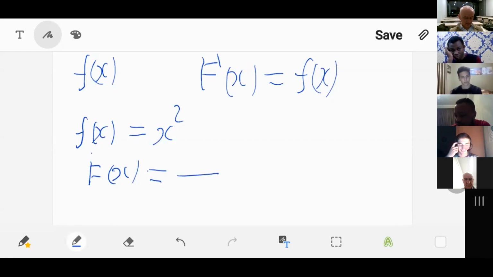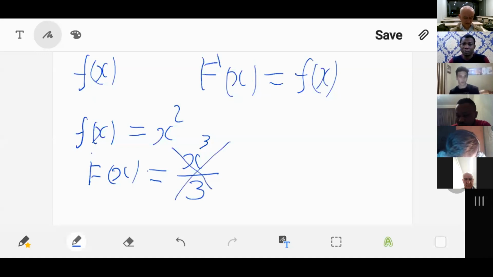So Luca's hypothesis is that it's x cubed over 3. No, this is not correct. Okay, I will correct it. What is your idea? I will write here. Sandro, do you have any idea?